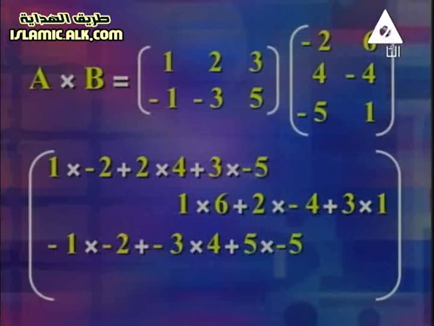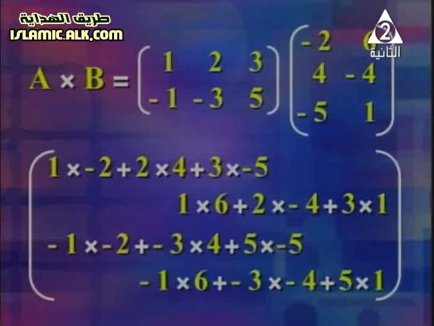The second row by the first column: negative 1 times negative 2, negative 3 times 4, plus 5 times negative 5. Second row times the second column is negative 1 times 6, negative 3 times negative 4, 5 times 1.